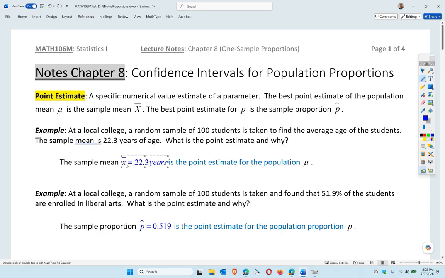A little hat above it means sample, because X doesn't need to be what the mean is. It could be any letter really.